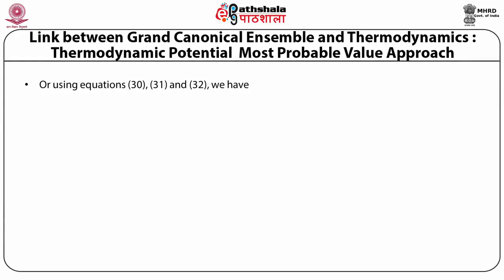Or using equations 30, 31 and 32, we have dQ is equal to the negative of the mean value of N d alpha, minus the mean value of E d beta, minus beta divided by the number of identical systems in the ensemble, summation over SR of the mean value of NSR multiplied by dES.